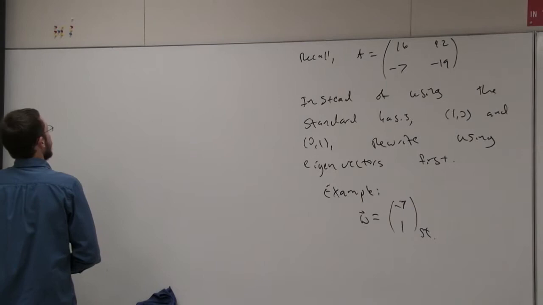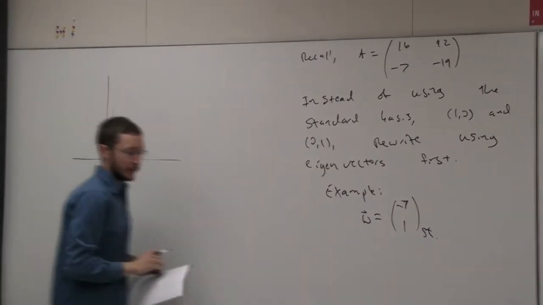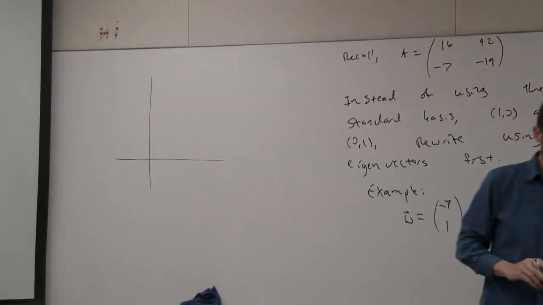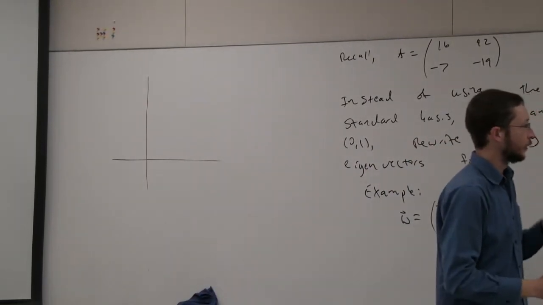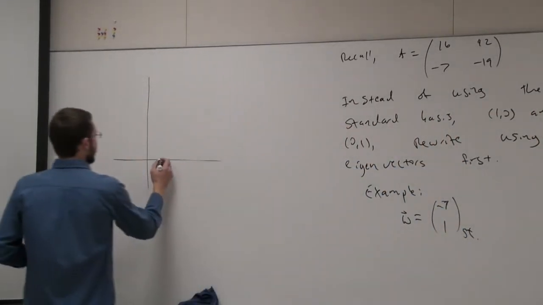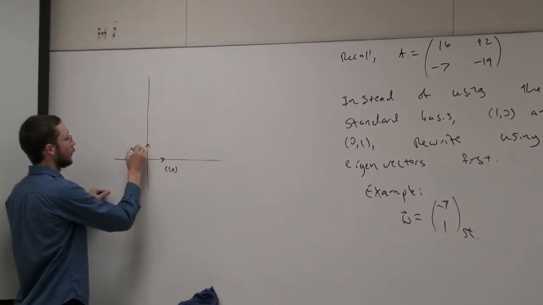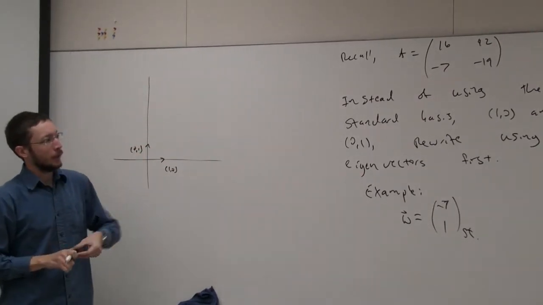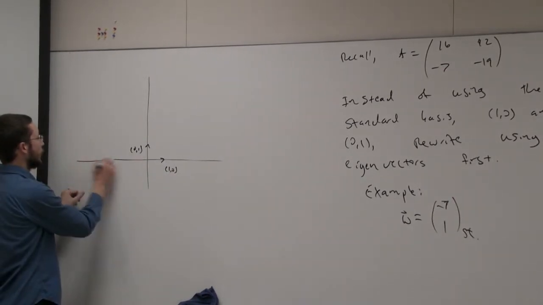So I'm just going to keep drawing these pictures. I'm not sure if you guys are already comfortable with this idea, and drawing this picture is going to be redundant, but I just think it's really important to draw it. We've got the standard basis, 1, 0, 0, 1, and we're looking at this vector w, which is at -7, 1, so way out here.